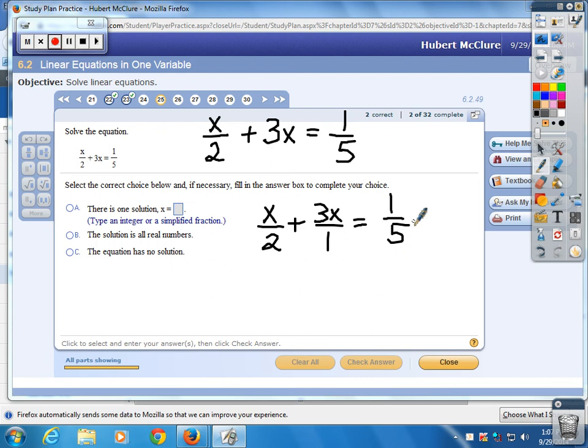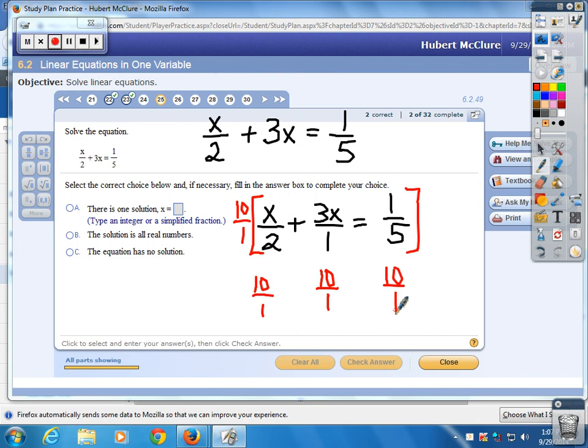What is the common denominator of 2, 1, and 5? 10. So I'm going to multiply through by 10 over 1. Put a baby step in there for you. 10 over 1, 10 over 1, 10 over 1.